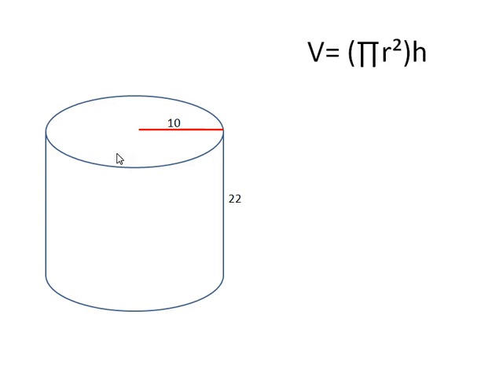Now just like with a triangular prism, you found the area of the triangle and then multiplied it by the height or the length in that case. It's the same with a cylinder. We're going to find the area of this circle and then multiply it by the height. So the volume is pi r squared times the height.